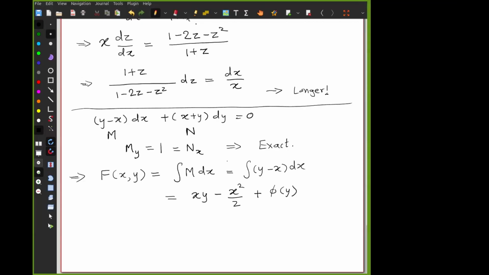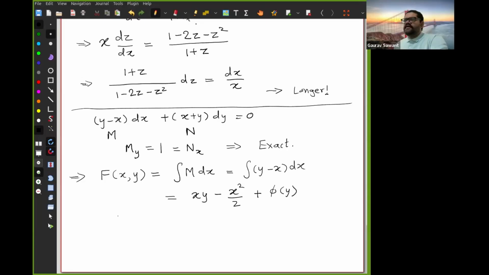So now taking this as a candidate, I equate f sub y equal to N. On the right hand side, that f sub y, I am going to have x, then the minus x square by 2 will just go away, and I will have phi dash of y.